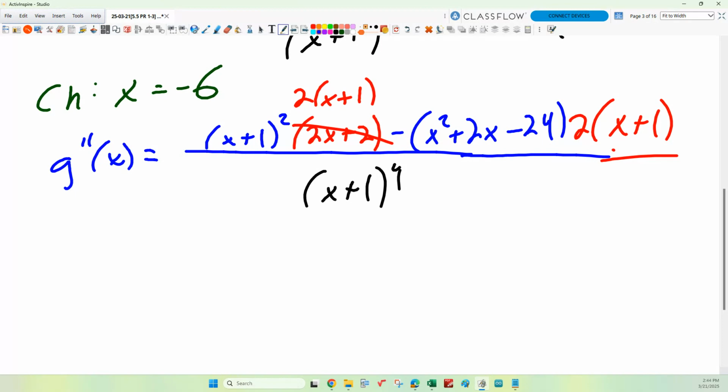I can't take the blue out because I've only got an x plus 1 to the 1 in the second term. See what I'm saying? If this were squared, then I could take an x plus 1 squared, and I've really got 2 times x plus 1 cubed in the first term, right? But in the second one, I've only got one factor of x plus 1, so I can only factor out a single x plus 1 factor, okay?